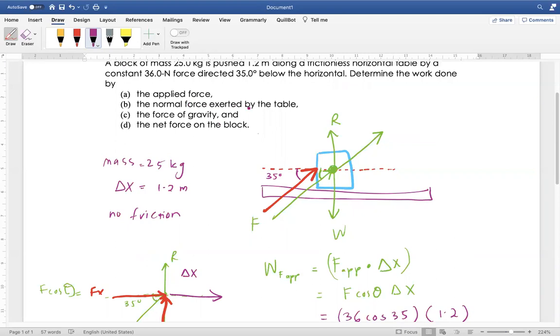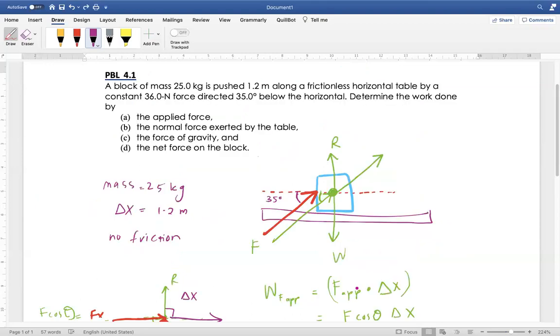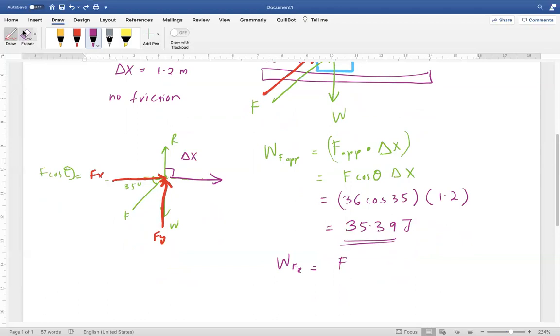And then the normal force exerted by the table. Kalau nak terus cakap zero pun boleh because it's perpendicular. See, this is perpendicular, so obviously the work done is zero. But tiba-tiba rajin, buat je lah. So W by R, R dot product with x.